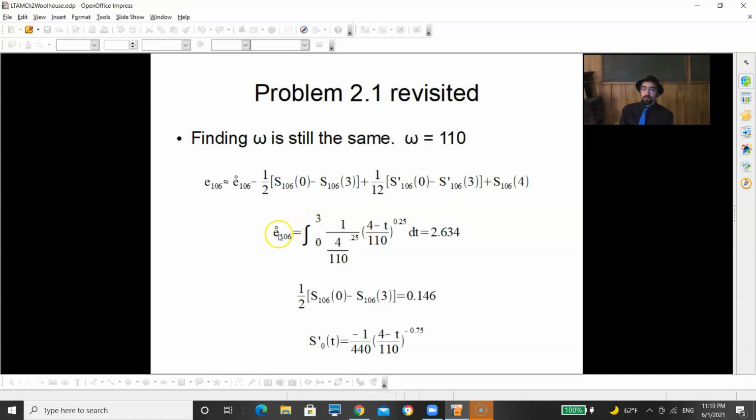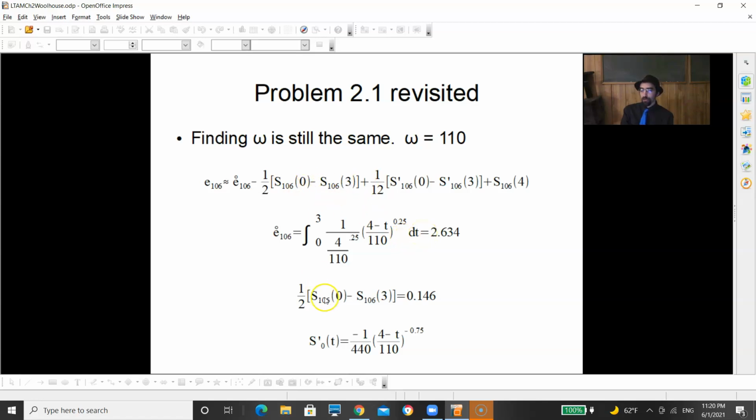So, I can say that curtailed expectation, that complete expectation, if I were only going up through 3, then the complete expectation would be 2.634 when you do this calculus and take this integral.